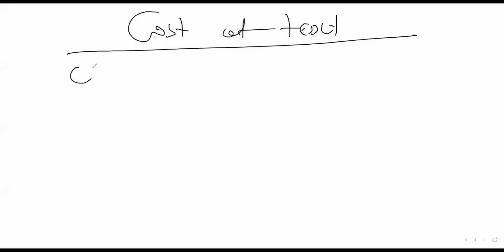Do a separate workings and call it cost of textbook. Bring the open inventory from the trial balance.